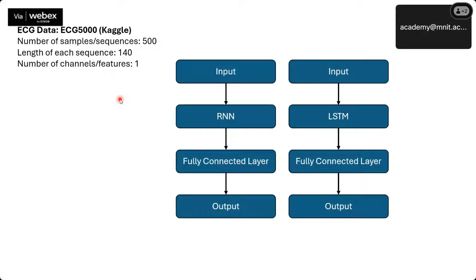And each sequence has a sequence length of around 140. Sequence length won't matter much. And the third thing is that they have acquired the data using one sensor only. That means we have only one channel here.